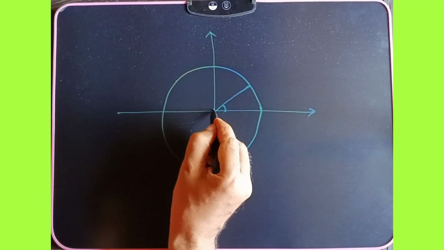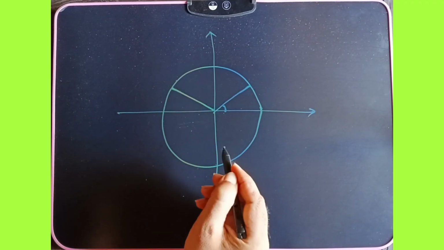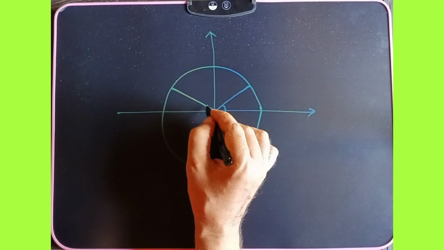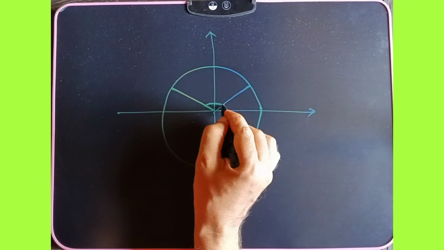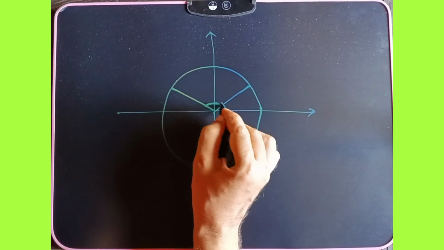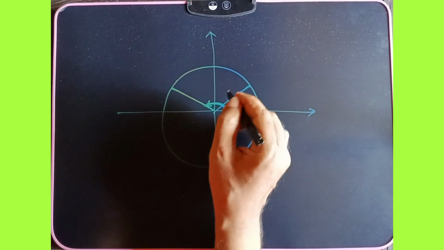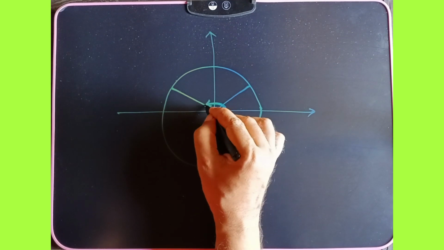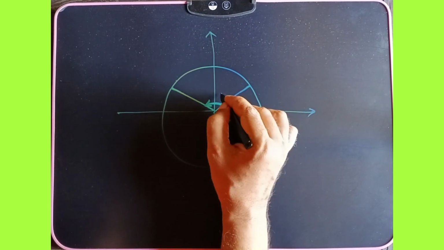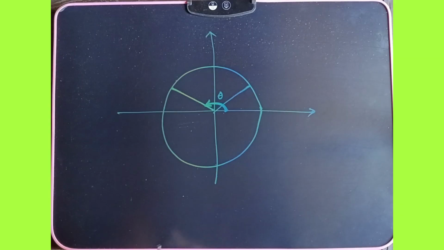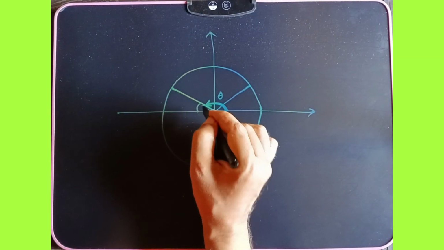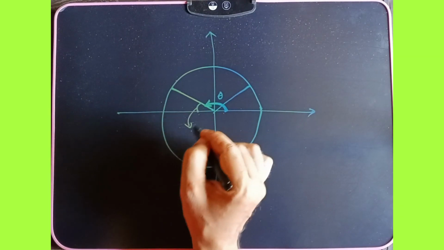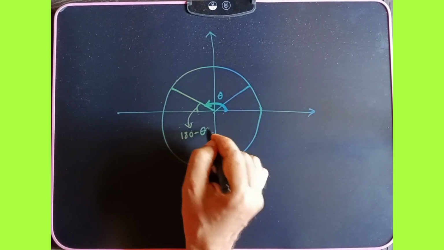So now I'm going to extend another line here and I want to measure sine of this angle. This full angle from here to here, let's assume this is theta. So this angle here is actually 180 minus theta.